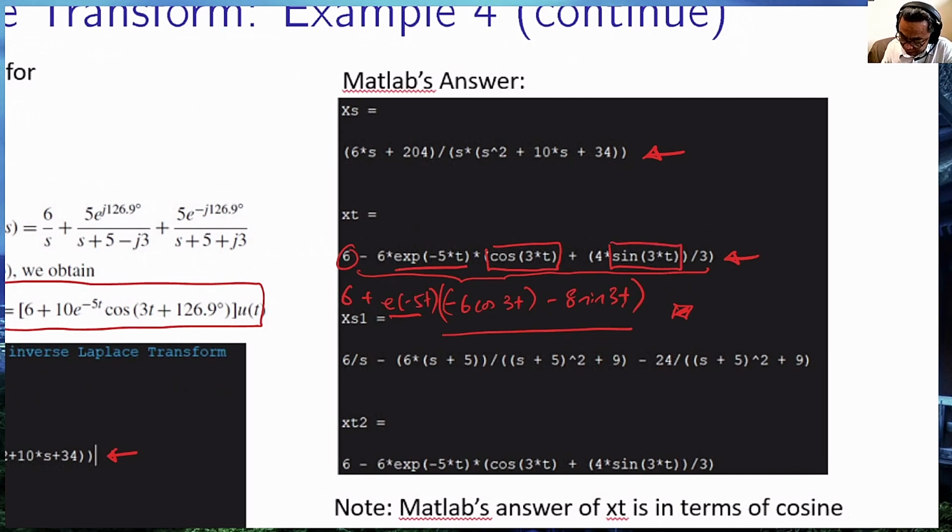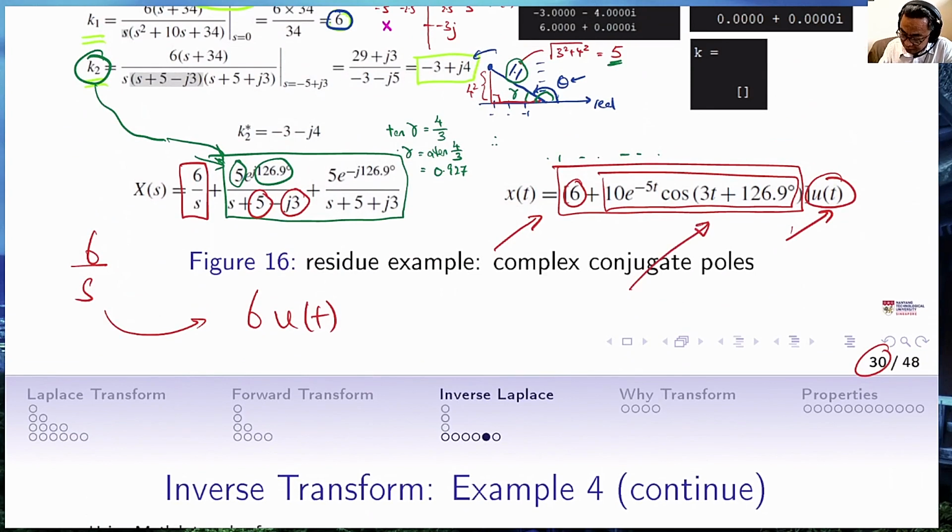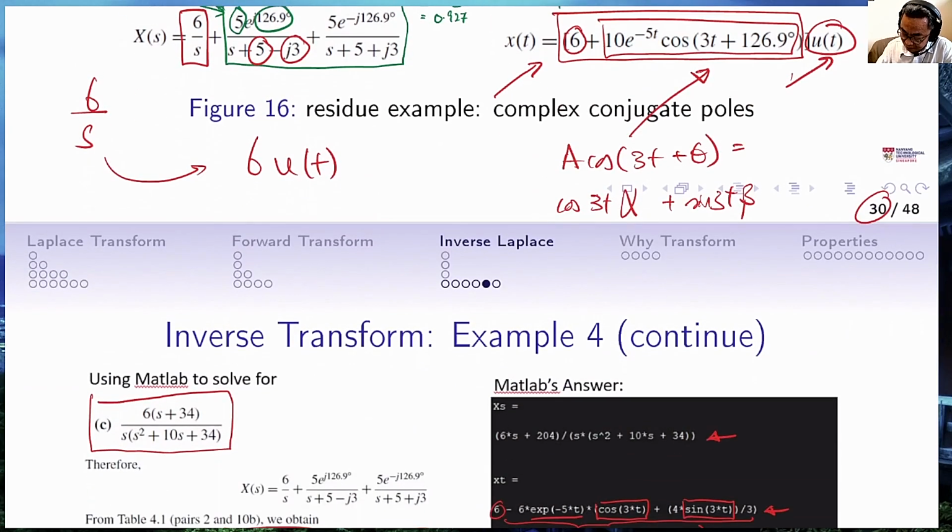So what happened is that it is different to our solution above because it has expressed a cosine(3t plus theta) into some cosine of 3t times variable, let's call this variable alpha, plus sine 3t beta.